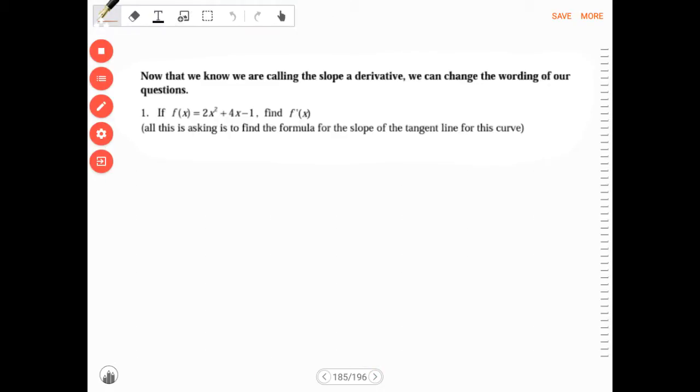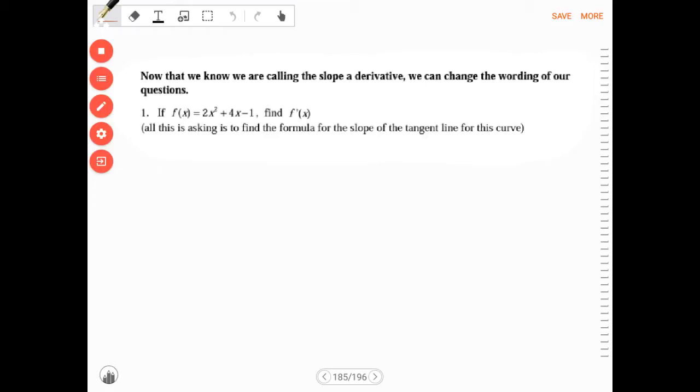Now that we know we're calling this slope formula a derivative, we can change the wording for our questions. For instance, example 1: if f of x equals that, find f prime of x. Like I wrote down here, all it's asking us to do is find the equation for the slope of the tangent line.